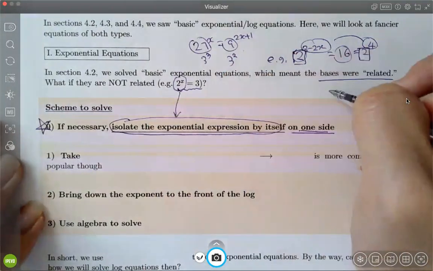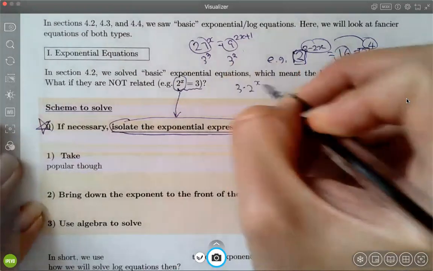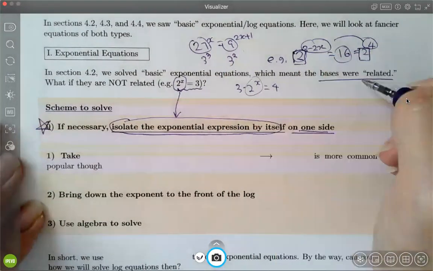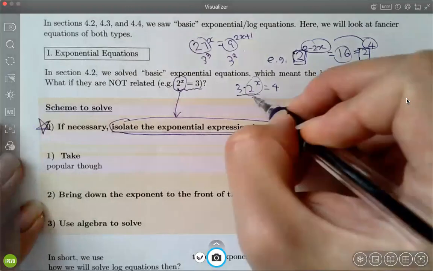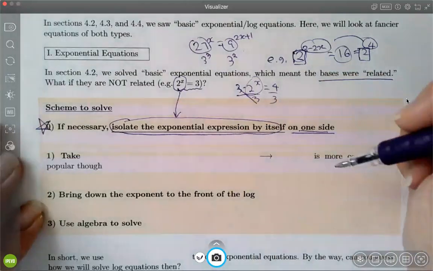If you have something like 3 times 2 to the x is equal to 4, then it's not quite isolated because 2 to the x is not by itself, so you have to divide by 3 until you get the isolation. So you have to do something like this so that you have the isolation of the exponential expression.